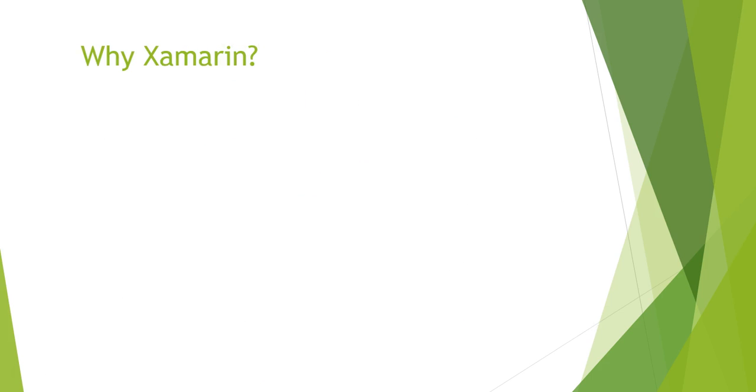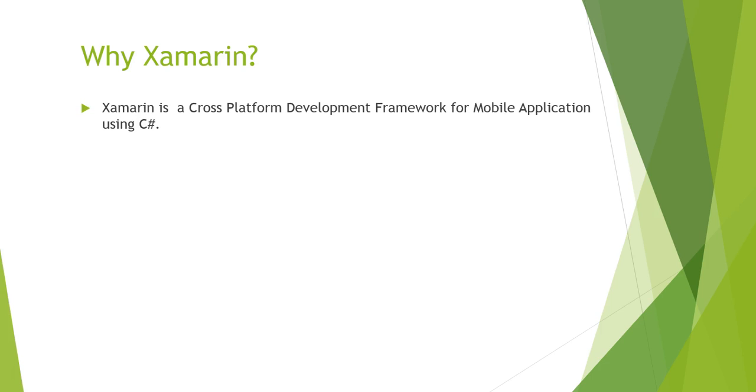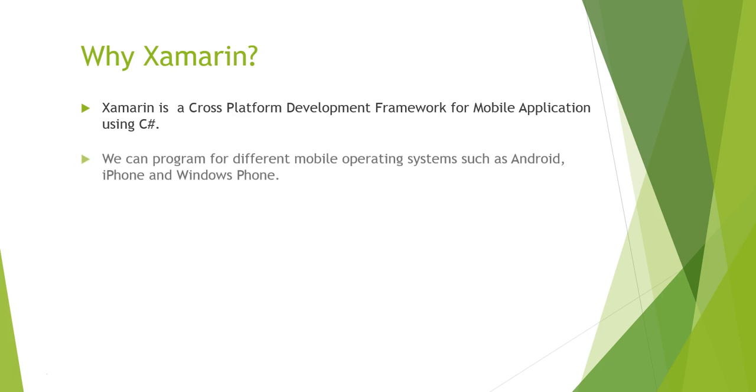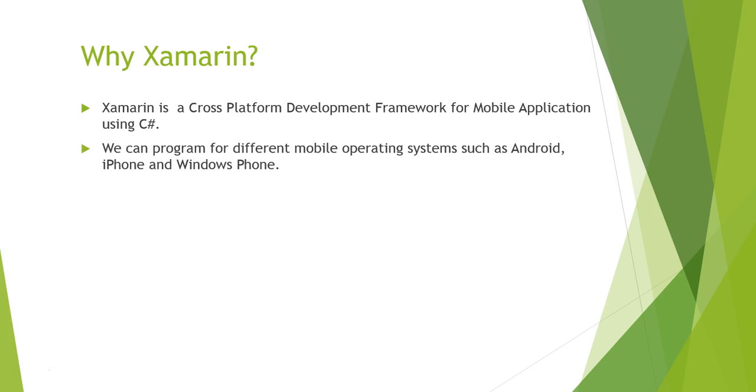So why Xamarin? First and foremost, I can program in C#. We can program for different operating systems such as Android, iPhone and Windows Phone. Xamarin provides full native API in C# for Android, iPhone and Windows Phone.